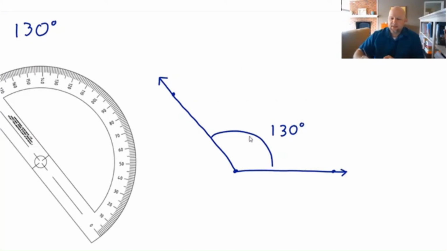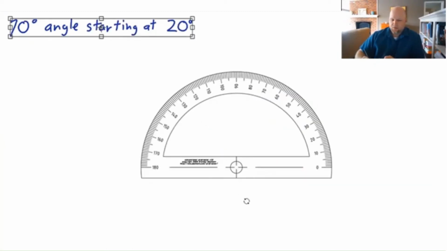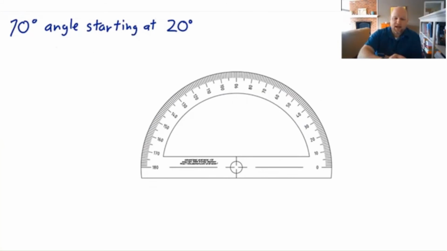Now, what happens if we want to draw a 70-degree angle, but we want to start at 20 degrees? First, we would draw our mark at the vertex and move to 20 degrees. Now, if we moved up to 70 degrees, make a small mark right here.